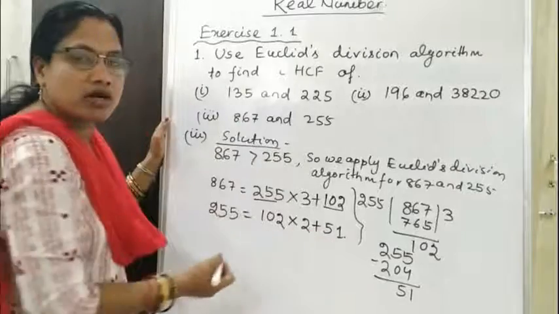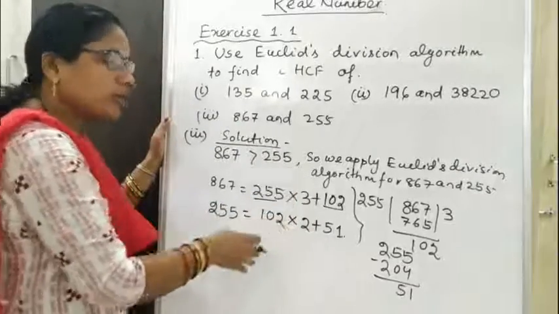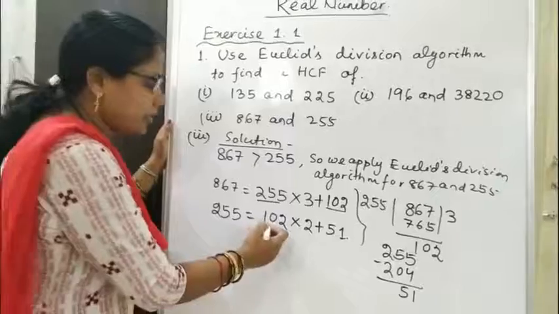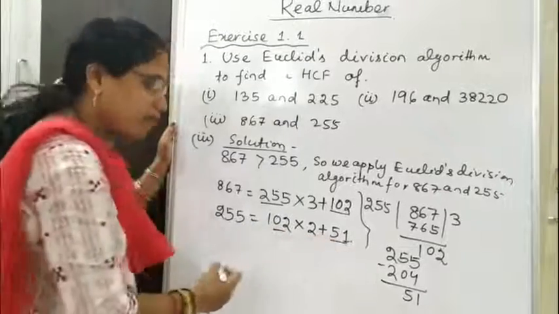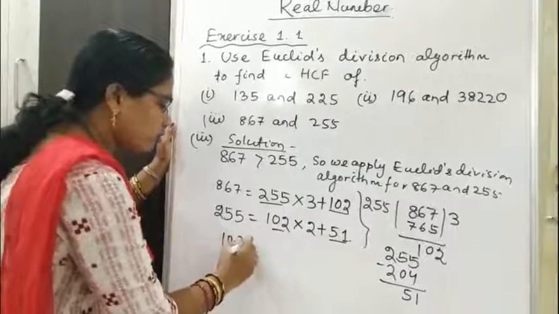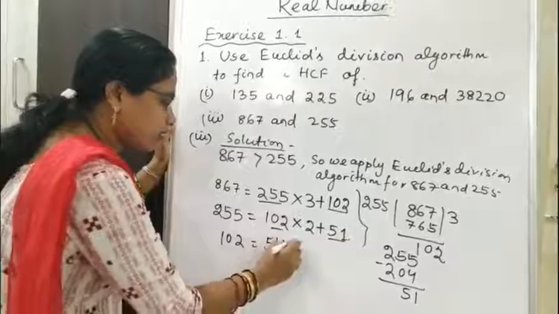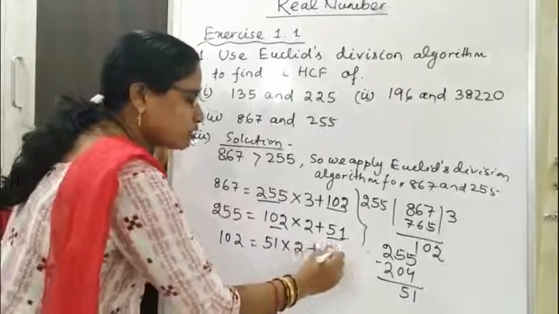Again the remainder is not equal to 0, so we continue the division algorithm by taking 102 and 51. So 102 is equal to 51 into 2 plus 0.